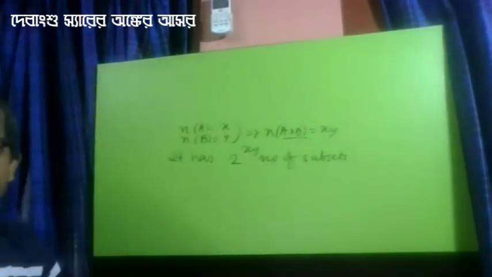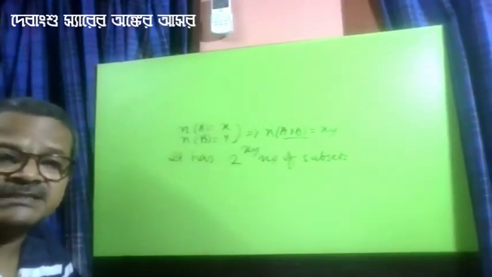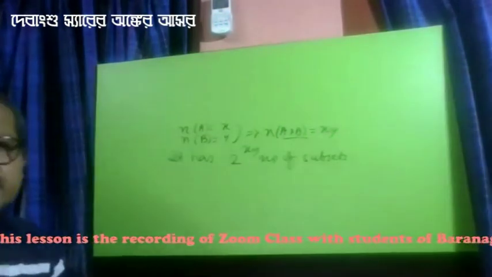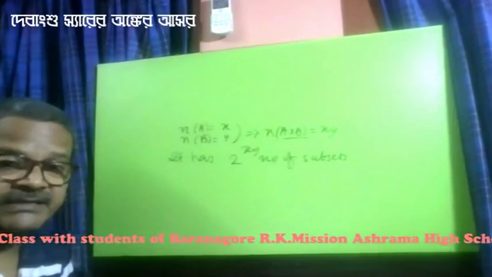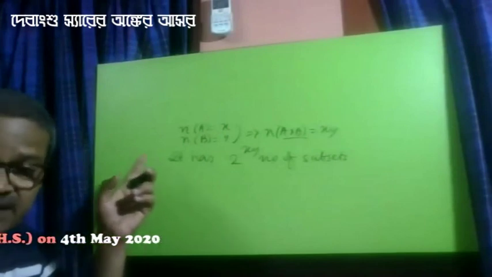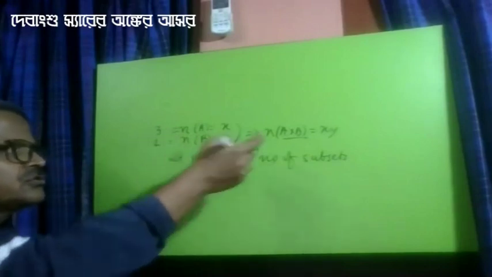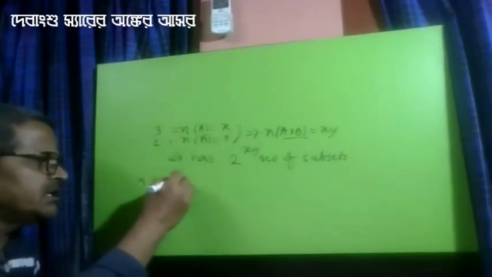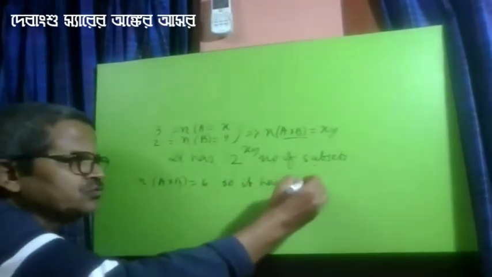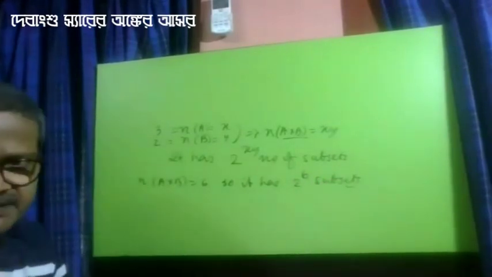Because we know that if a set contains x elements, then it has 2 to the power x number of subsets. So it has 2 to the power xy subsets. For example, as our first example was, n(A) was 3, n(B) was 2, so n(A×B) was 6. So it has 2 to the power 6 subsets.